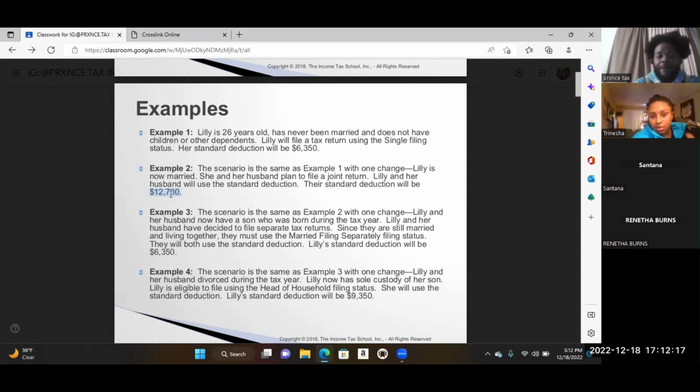This is a scenario that you will run into a lot. Most of the time when this happens, as I stated to you, I do not recommend married filing separate as the filing status. Because you can give them the option, if they choose that, I recommend that you make one of them head of household. That would be the person that claims the son, and then the other person will be single.